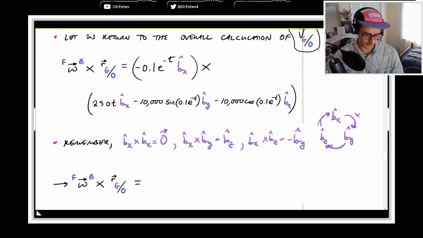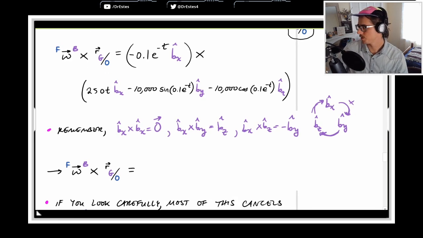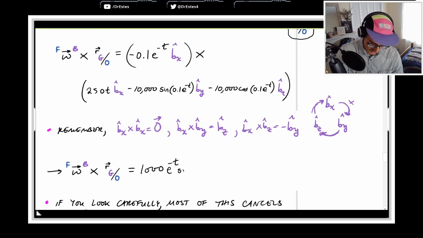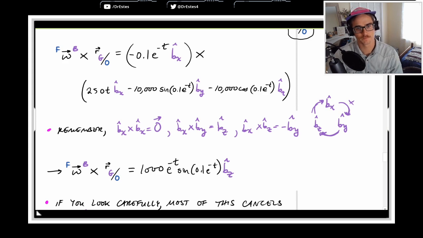Okay, so if we apply those rules when we do this cross product, we're going to get 1,000. So this is from crossing bx and by, those terms. I'm going to have 1,000 e to the minus t sine 0.1 e to the minus t along the BZ direction. Okay.